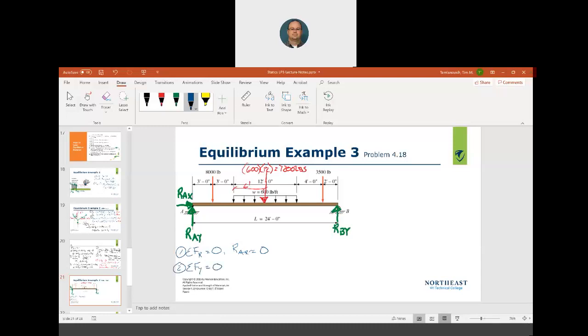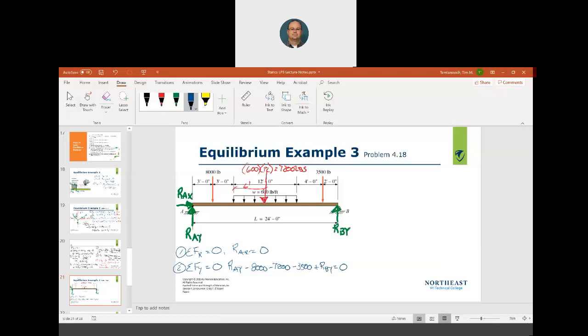Start from left to right like you read in the book. Reaction at point A in the y direction, minus 8,000 pounds, minus 7,200 pounds, minus 3,500 pounds, plus RBY, reaction at point B in the y direction, has to equal 0.